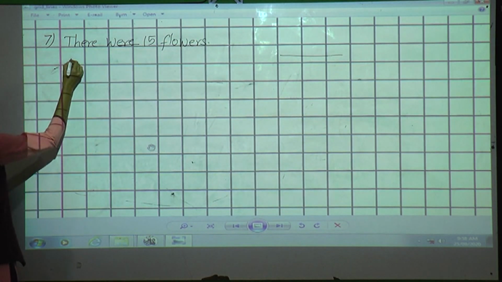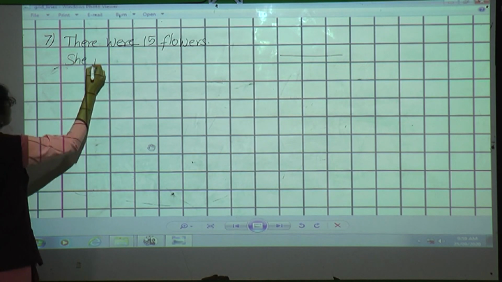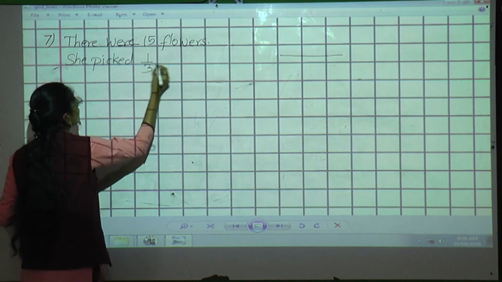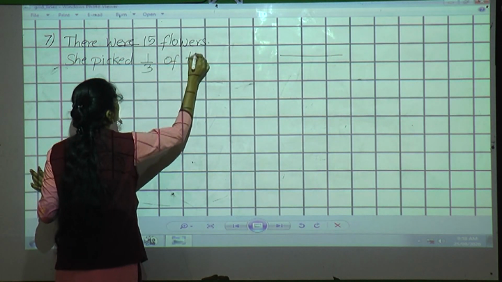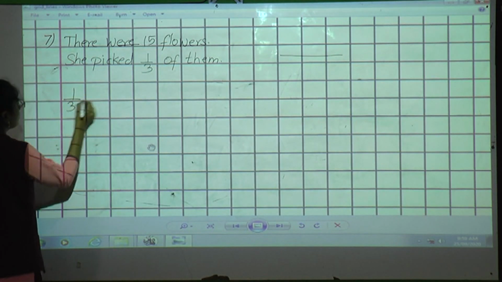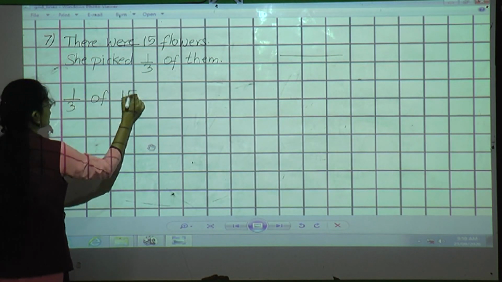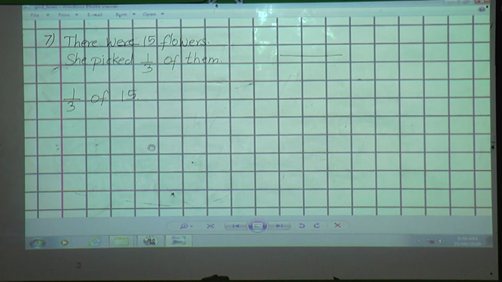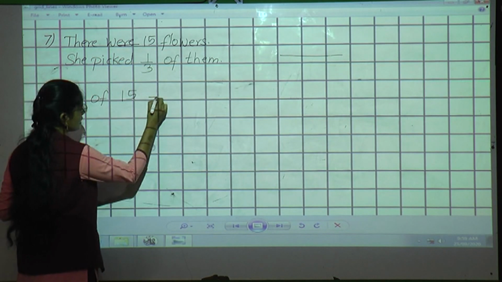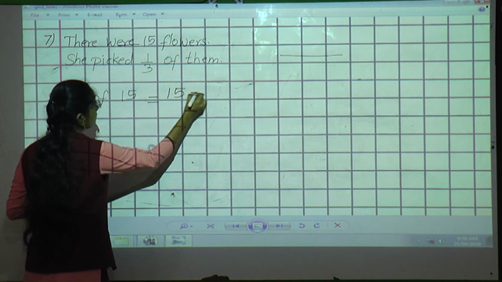Then she picked 1/3 of them. 1/3 of them means what? 1/3 of 15, because total 15 flowers were there. Okay, and out of 15, 1/3 flower she picked. So 1/3 of 15. Now you have to solve this. 1/3 of 15 is equal to what?